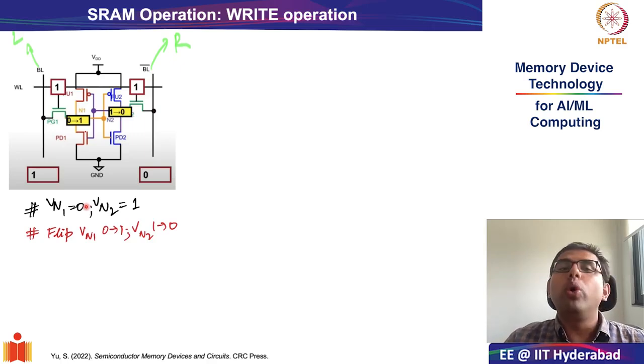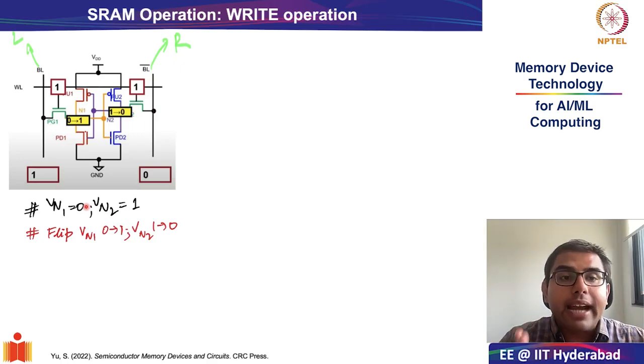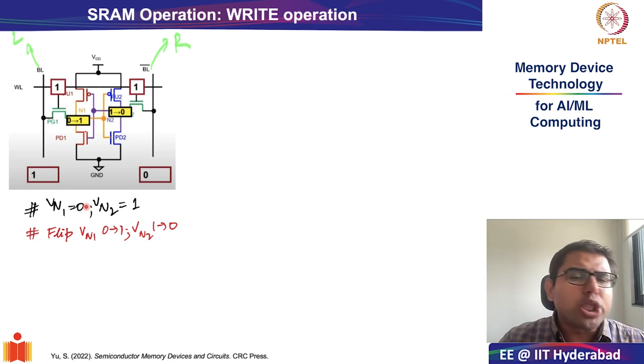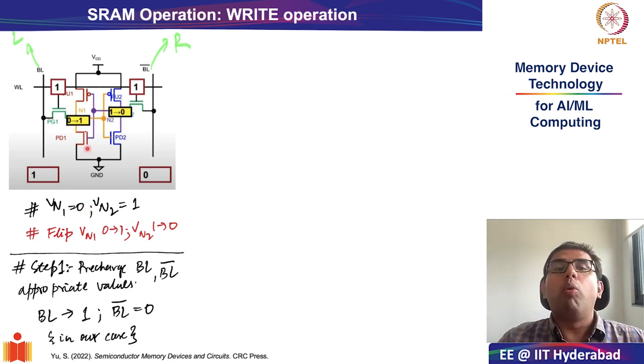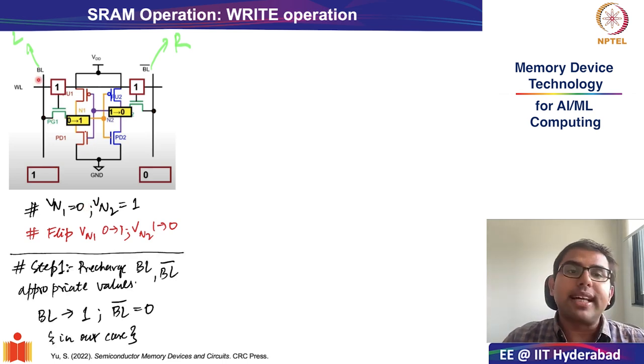The first thing that you do is appropriately select the bit line and bit line bar. Now it should be common sense to us now. What should be the values of precharge that is put on bit line and bit line bar?